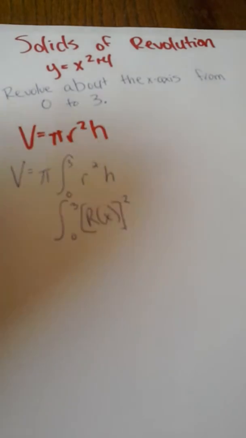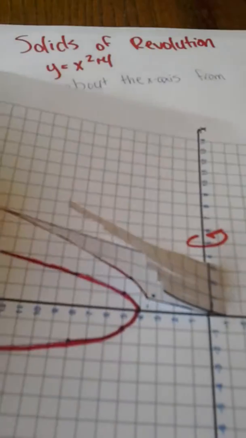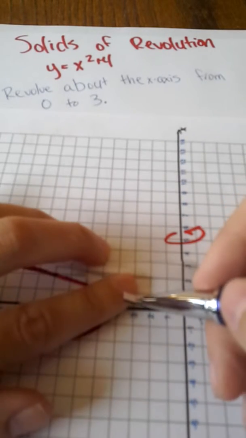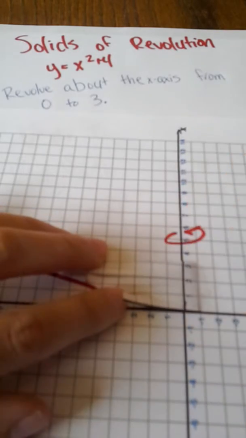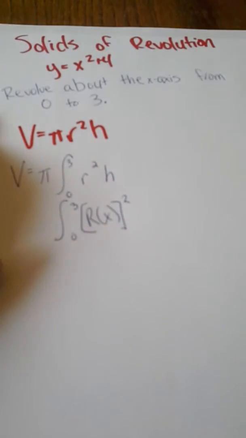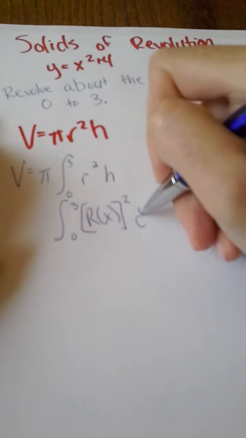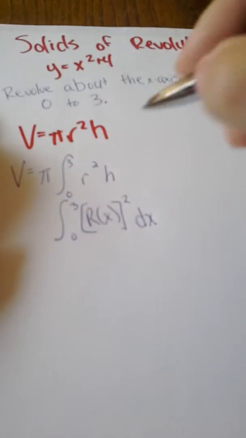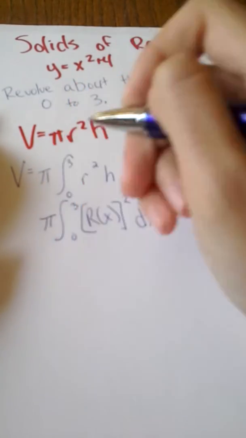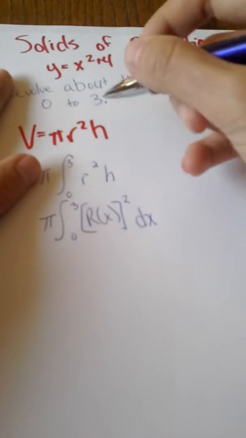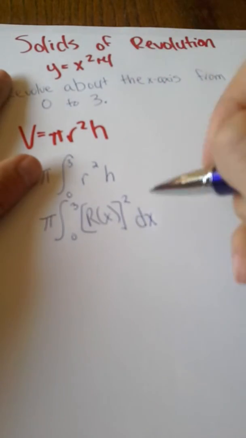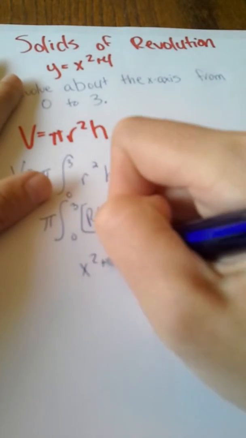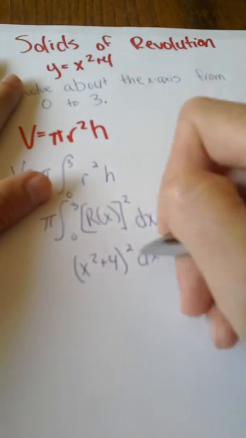Our height, if you look in this direction, is given by this distance right here. But this distance is going to be getting infinitely thin, smaller and smaller. As that happens, we're going to call that dx. It's the change in x. We still have our pi out here. Since our function was y equals x squared plus 4, that's what we plug in for the radius function: x squared plus 4, squared, dx.